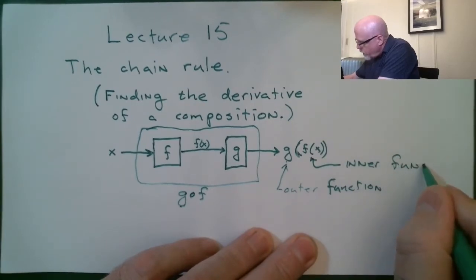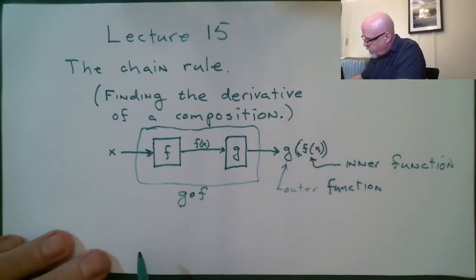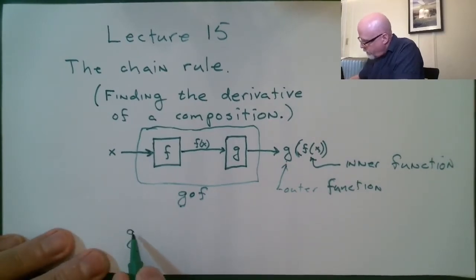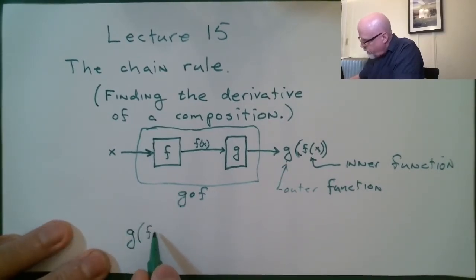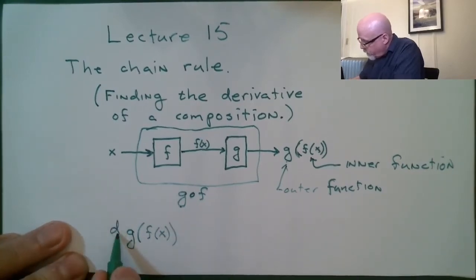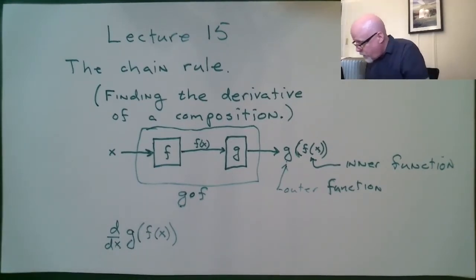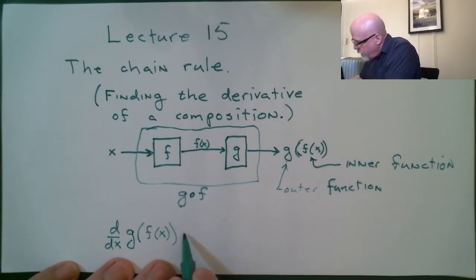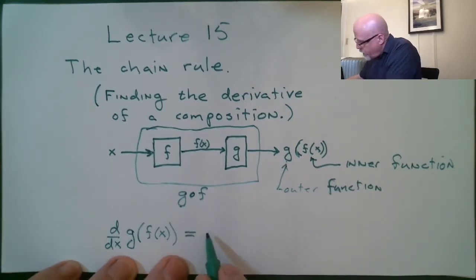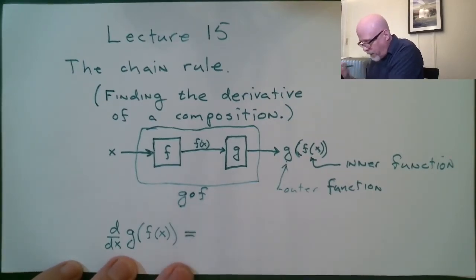So here's what the chain rule actually says, since we've gone this far. You're taking the derivative of g of f of x, and that's a derivative with respect to x. Figure out how the composition's value changes when you change the x a little bit. And what you get is, well, I'm gonna lie to you slightly at first.